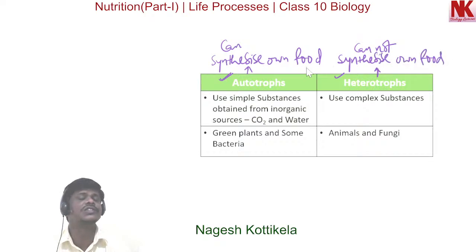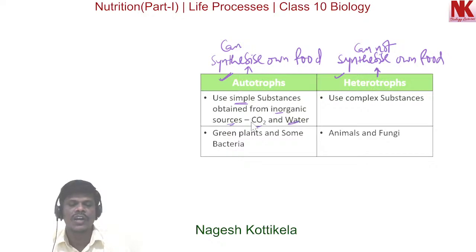So this is the difference. Now if we speak a little more about these two categories of organisms, autotrophs use simple substances obtained from inorganic sources like carbon dioxide and water. So these autotrophs utilize simple inorganic substances as the source of energy and the raw materials.